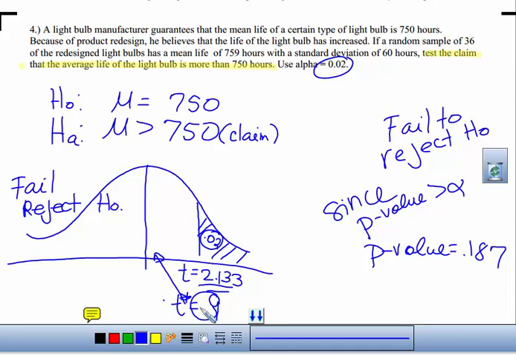Or you can report your p-value and then compare it to alpha, and then clearly state your conclusion that we're going to fail to reject the null hypothesis. And then it helps if you finally say what this means in terms of the claim. All right. And again, for us, since we failed to reject the null hypothesis and the alternative was our claim, we would say that the sample evidence does not support the claim that the mean is greater than 750.